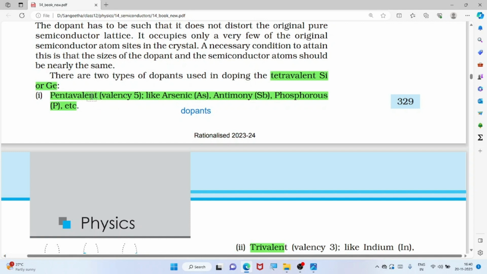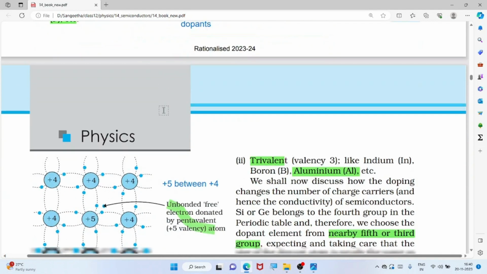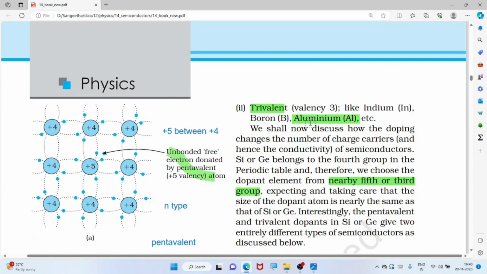There are pentavalent dopants, that is, they have 5 valence electrons. These are phosphorus and arsenic, all having valency 5. Then there are trivalent dopants; aluminum is an example.